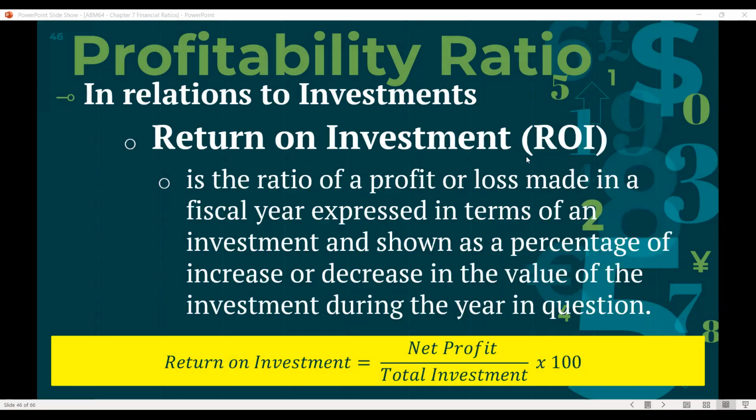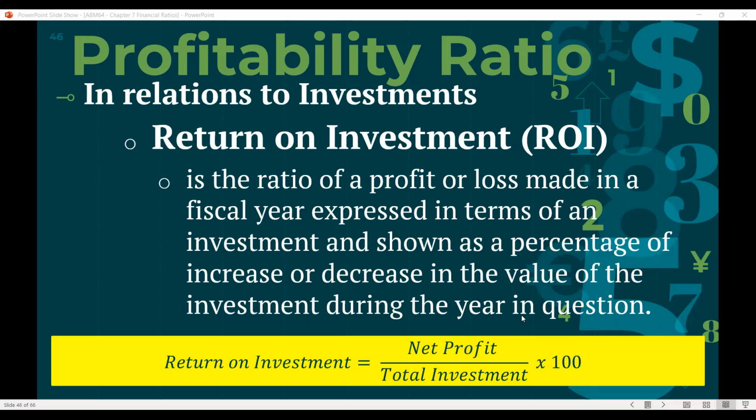How about return on investment? I guess you are very familiar with this one, ROI. So it is the ratio of a profit or loss made in a fiscal year expressed in terms of an investment and shown as a percentage of increase or decrease in the value of the investment during the year in question. So focus more on the profit itself, return on your investment. Mostly your investment includes your own capital, imong money, ang imuhang mga cars, any investment that you'd like to know.